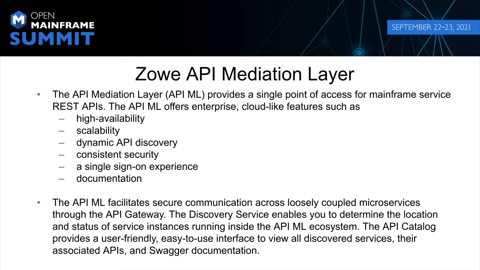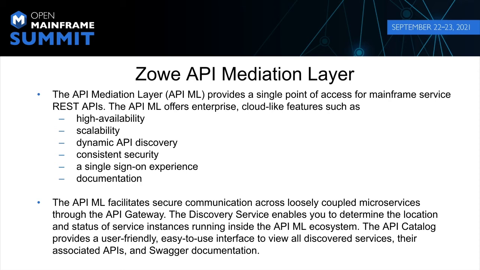The API Mediation Layer provides a single point of access for mainframe service REST APIs. The API Mediation Layer offers enterprise cloud-like features such as high availability, scalability, dynamic API discovery, consistent security, a single sign-on experience, and documentation. The API Mediation Layer facilitates secure communication across loosely coupled microservices through the API gateway.